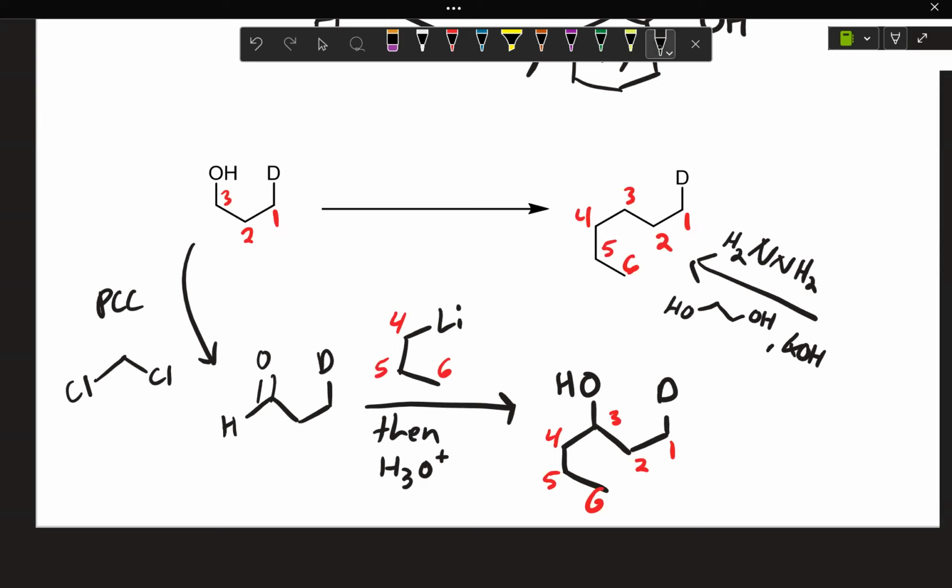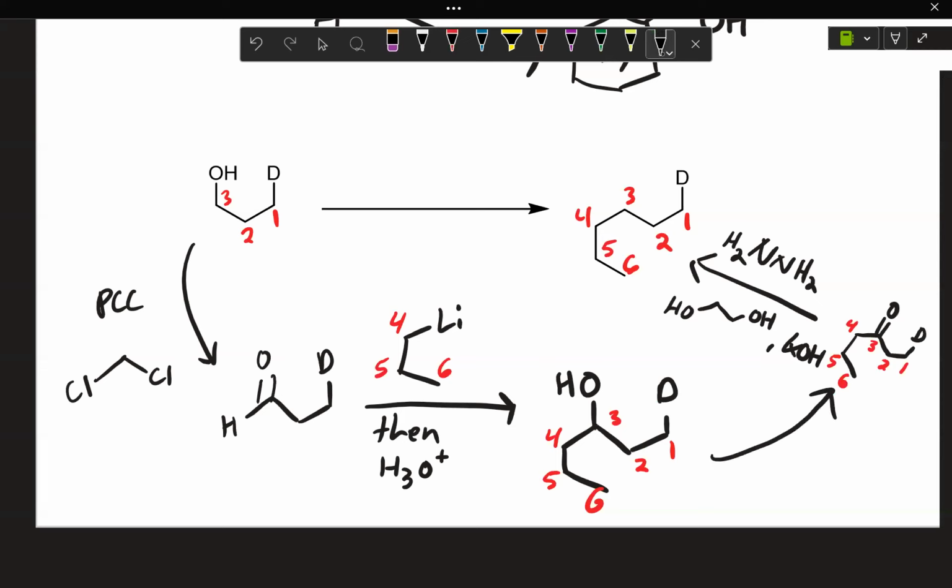And this reacts with carbonyls. So our carbonyl will be on carbon 3, and we know that because our hydroxyl group's on carbon 3. And that would get rid of the carbonyl and just put on hydrogens. So that's the reaction I would have wanted you to use because that's within the test, but you could have done other ways to get rid of the hydroxyl group.